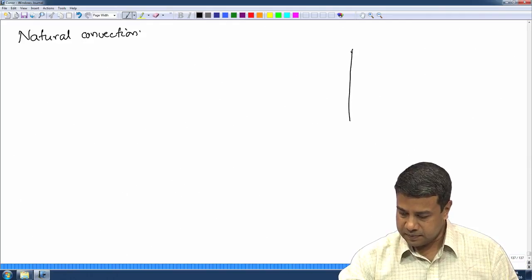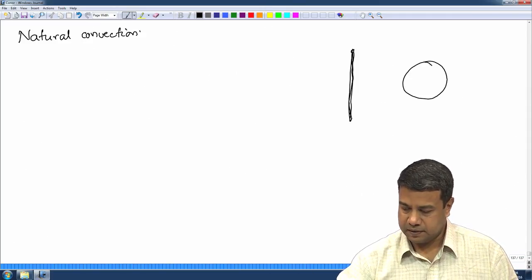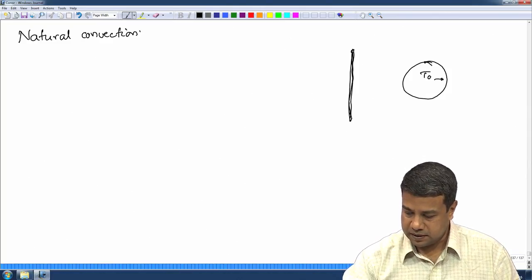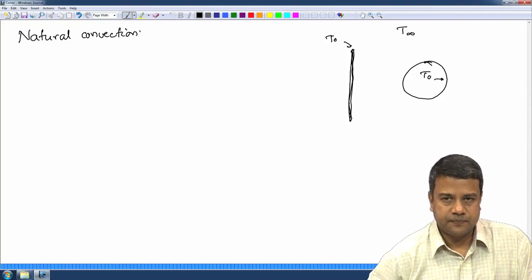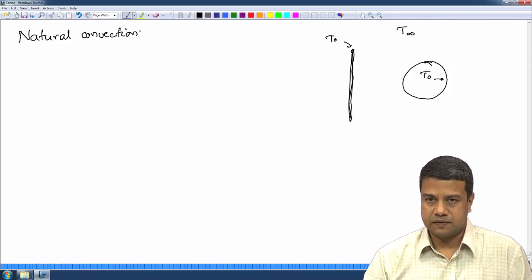If I had, for example, a heated vertical flat plate, or some vertical or some horizontal pipe, with temperature T naught at the surface, in an ambient fluid with temperature T infinity far away. Let us say that this object has a higher temperature than the ambient fluid.